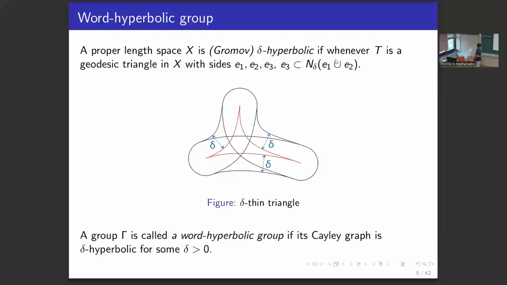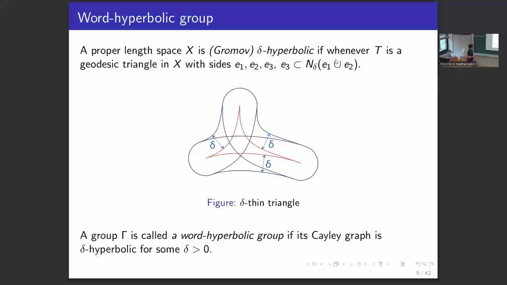So what is a hyperbolic group? How do we know the hyperbolicity of a group? This is Gromov's idea. He first defined the delta-hyperbolic space. A proper metric space X is called delta-hyperbolic if every triangle is delta-thin. In the space X, you draw any triangle with geodesic sides, and every triangle satisfies this condition.